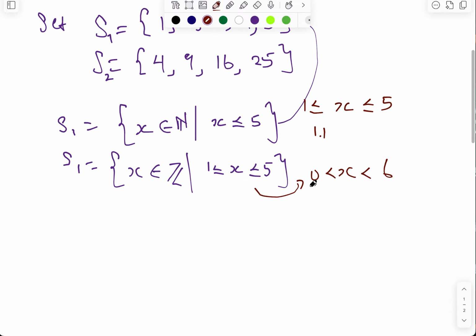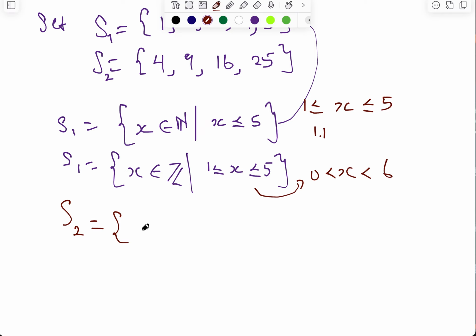Now look at set 2. Set 2 should look familiar to you. So set 2 is looking like x that belongs to a set of, now look at this. If you look at it, it looks familiar. It looks like we have a square of 2, a square of 3, a square of 4, and a square of 5.